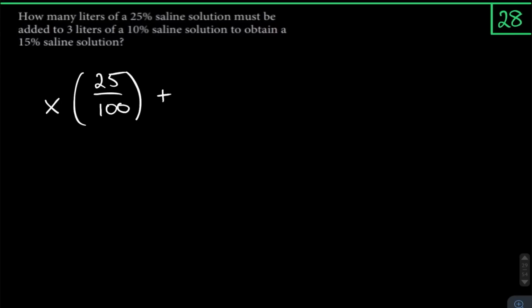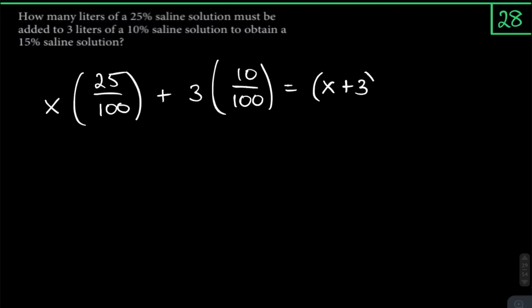And then we are going to add that to the 3 liters of the 10% saline solution. And then we have our total amount of saline solution, which is going to be X plus 3 liters. And the total amount is going to be 15% saline solution.